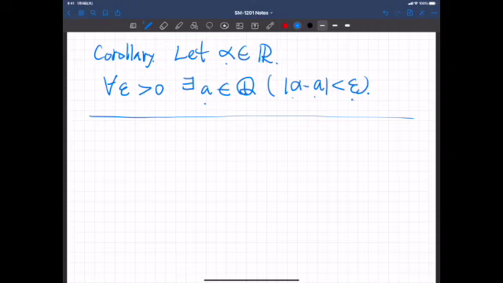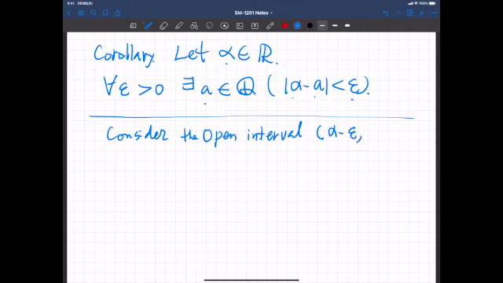Consider the open interval, that is, alpha minus epsilon and alpha plus epsilon.